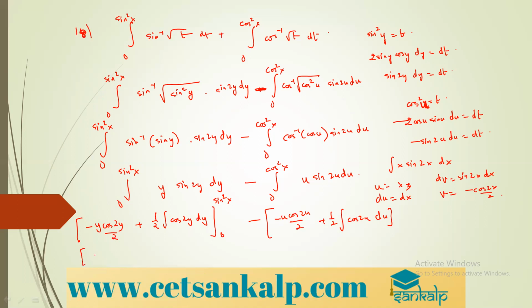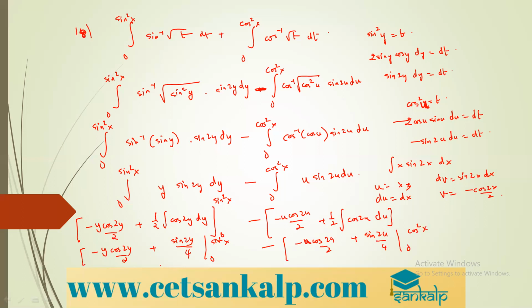So when I find the integral, minus y cos 2y by 2 plus sine 2y by 4, bounds are 0 to sine square x, minus u cos 2u by 2 plus sine 2u by 4, bounds are 0 to cos square x.